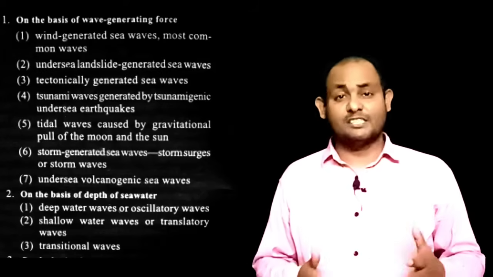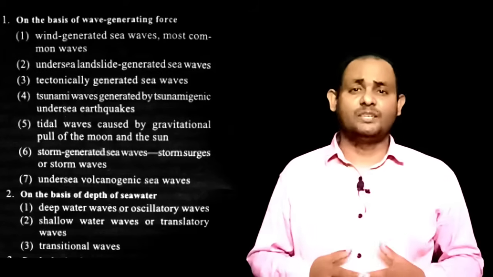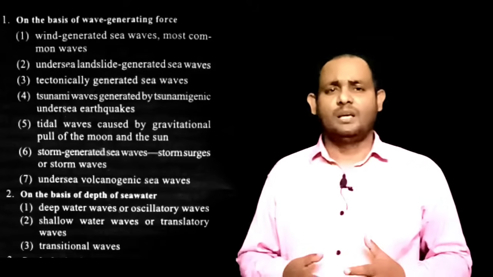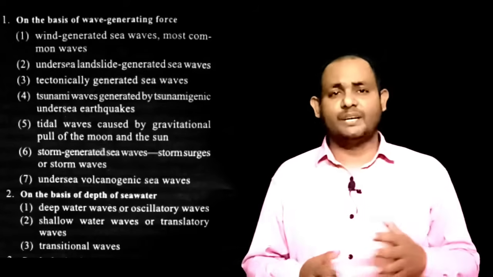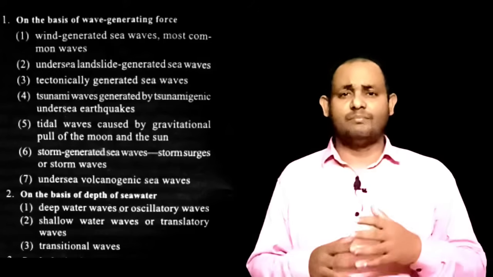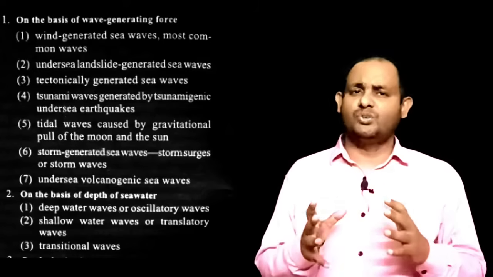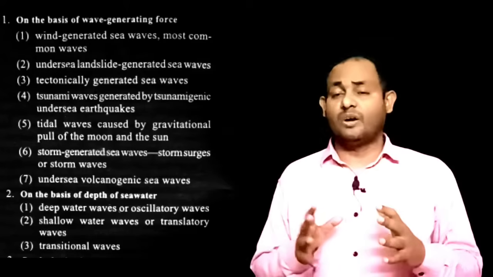Sea waves are classified on different bases into various types. First of all, on the basis of wave generating force, there are some divisions. First, the wind generated sea waves, the most common waves.